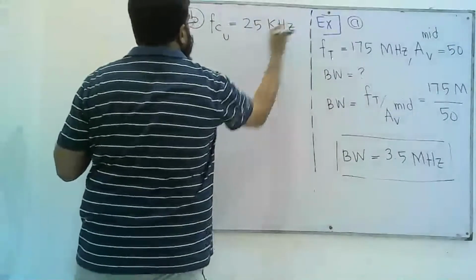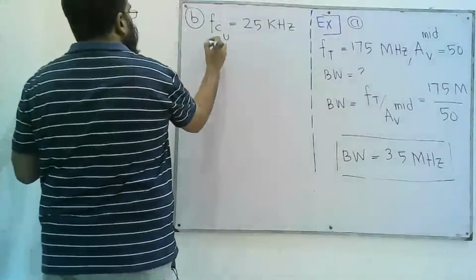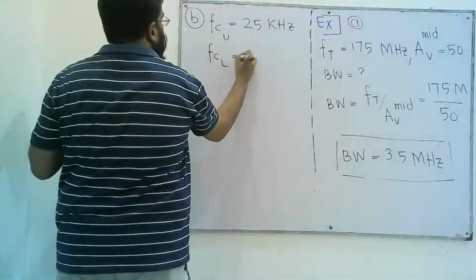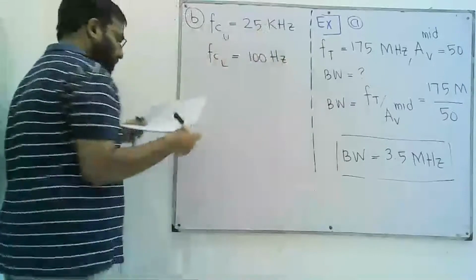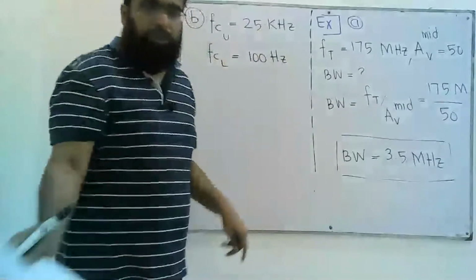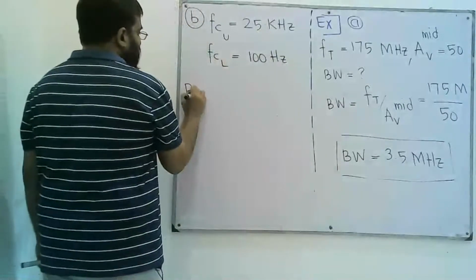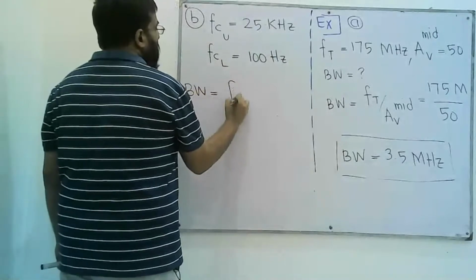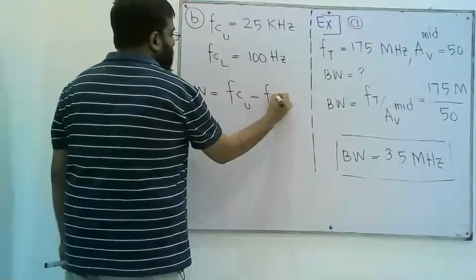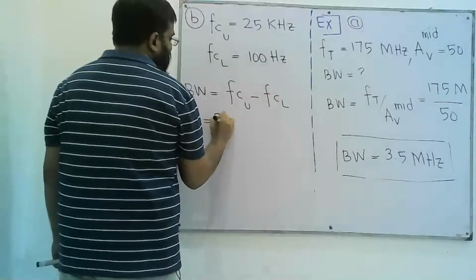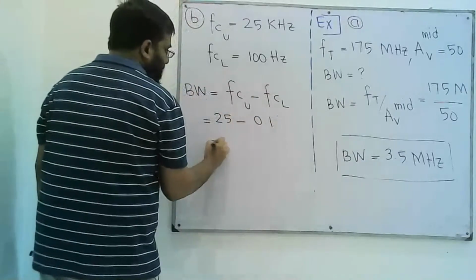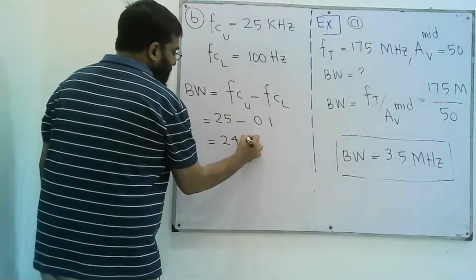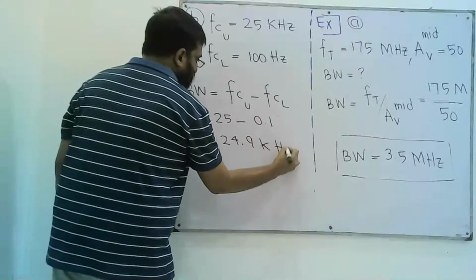With a small range, FCL is 100 hertz. So the bandwidth is already very small, 25 kilohertz minus 100 hertz. You have to find the bandwidth. That is FCU minus FCL. 25 kilohertz minus 0.1 kilohertz, which is 24.9 kilohertz.